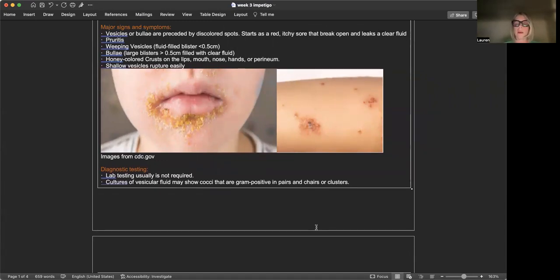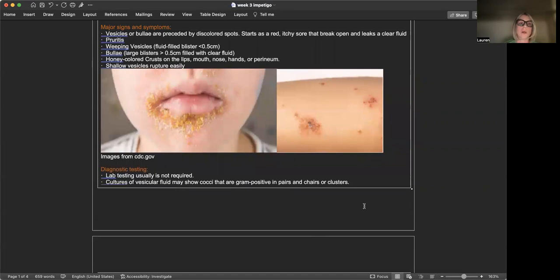Non-pharmacological treatment includes maintaining good skin hygiene, washing of the hands, covering loosely with bandages, and education to parents.